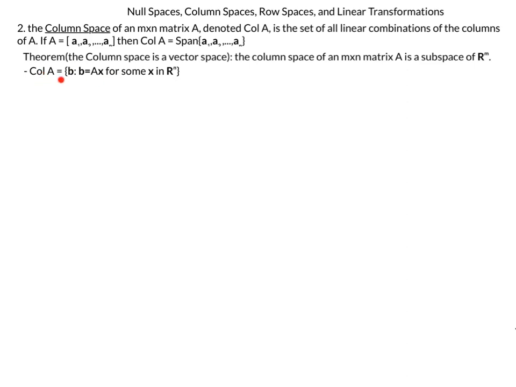I have one more note: you can think of the column space as the set of vectors B such that B is equal to AX for some X in Rn. That's another useful way of thinking about this because it relates to solutions of AX. In other words, it's in the column space if it's a linear combination of the column vectors of A, which means it's a solution of the equation AX = B for some X.